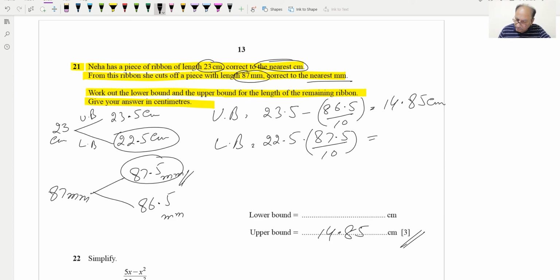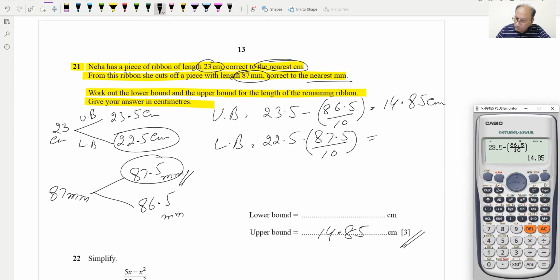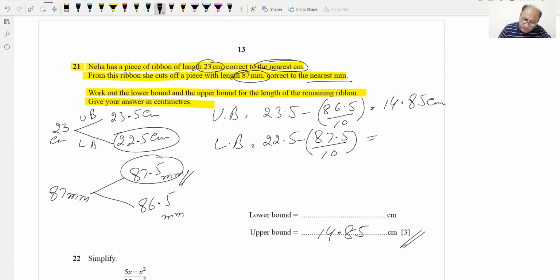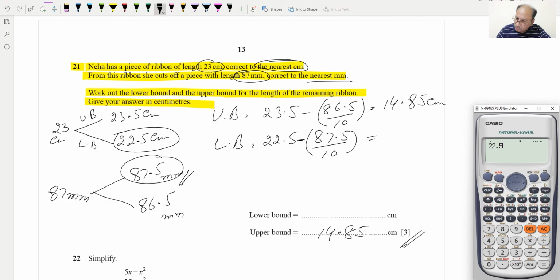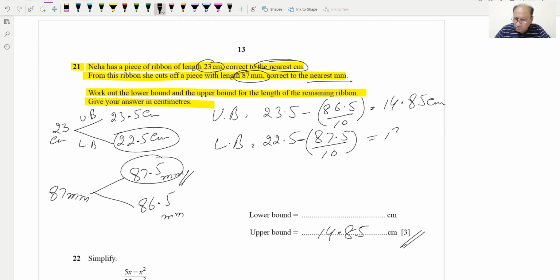So this will be equal to 22.5 minus in brackets 87.5 over 10, and this will be 13.75, so 13.75 centimeters will be our lower bound. This is done for 3 marks.